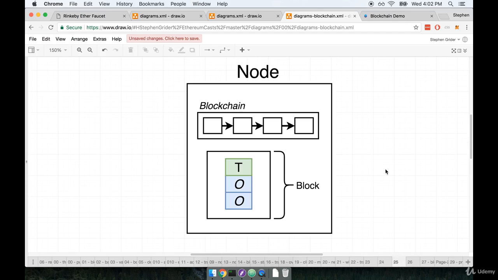This node is going to take those transactions, which I've now represented here as T, representing our transaction, and O, representing other people's transactions, and it assembles all 3 of those transactions into one list of transactions, which we refer to as a block. The node then runs some validation logic on this block.